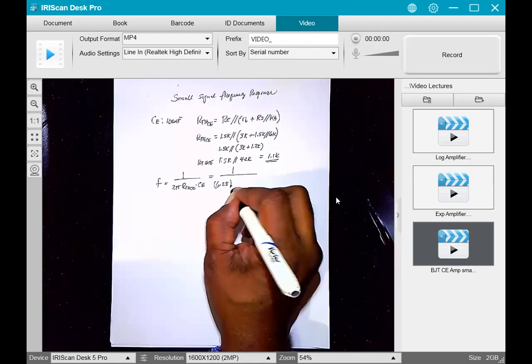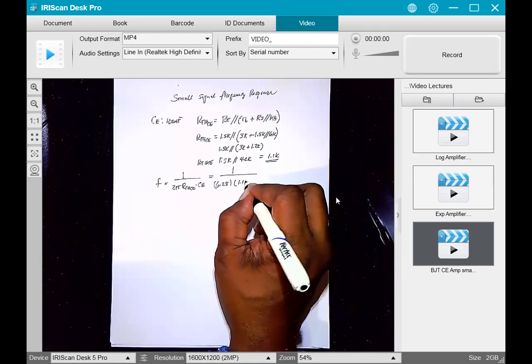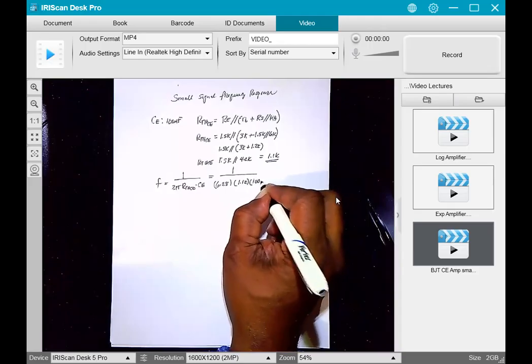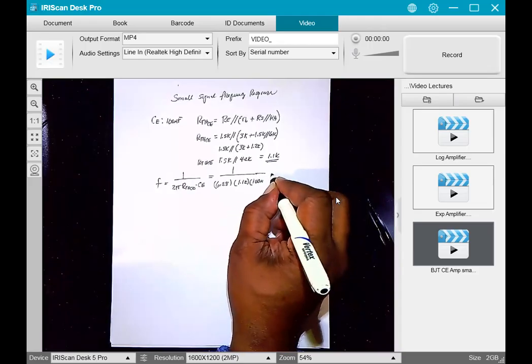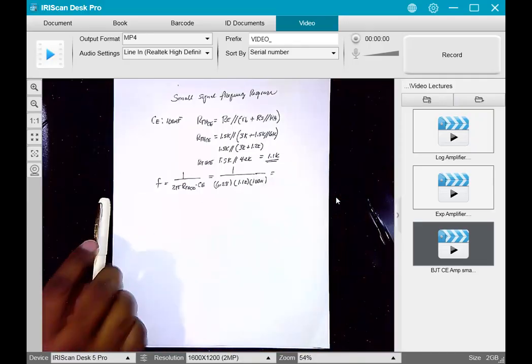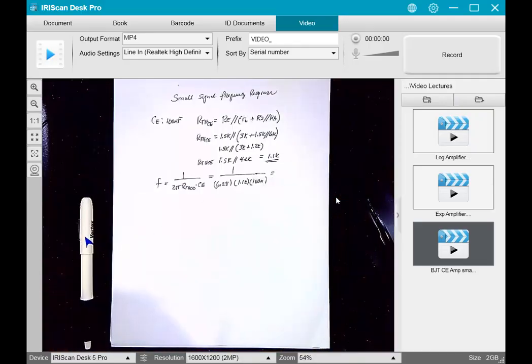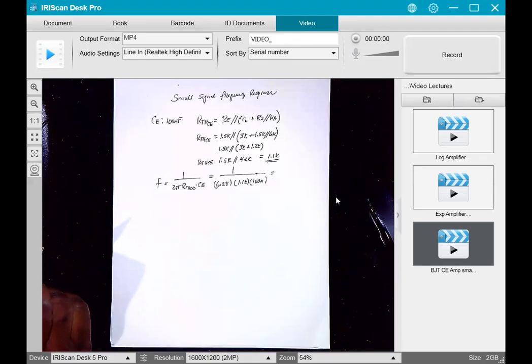2 pi is 6.28. 1.1K and 100 micro, 10 to the minus 6. Let's see what we get here. It's a different number from the book, which doesn't necessarily mean anything.